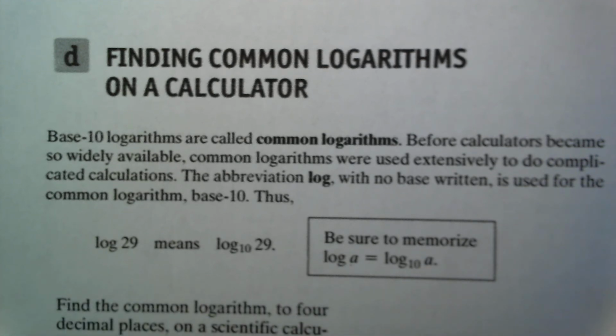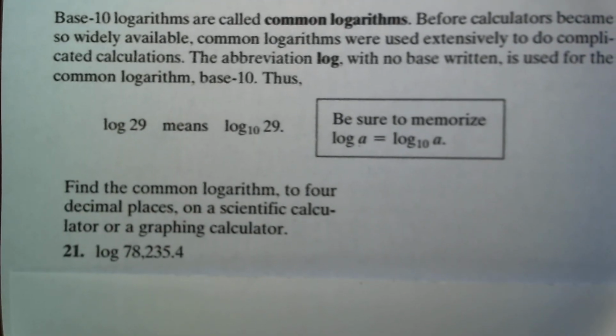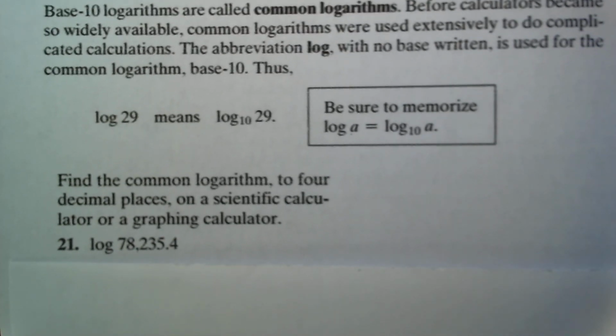To find the common logarithm to 4 decimal places on a scientific calculator or graphing calculator, we do the following. We input the number 78,235.4 in our calculators and press the log 10 key, and that'll give us the common logarithm.